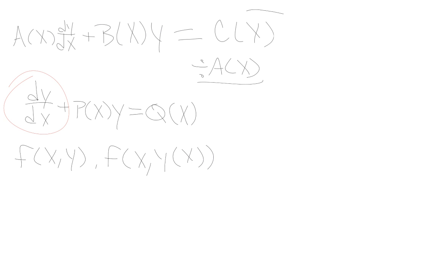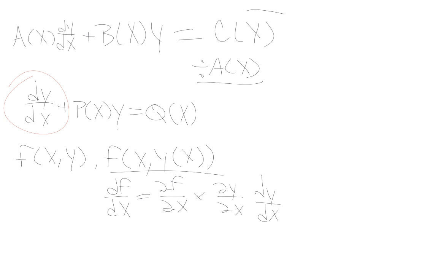And if I wanted to then take df dx, so my derivative of this with respect to x, that would be equal to partial f with respect to x plus partial f with respect to y times dy dx.